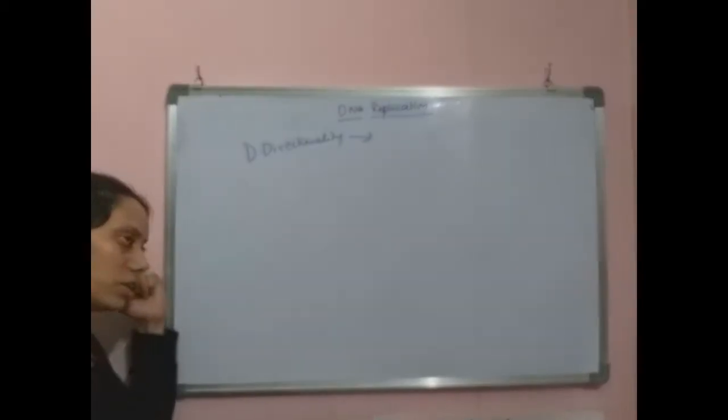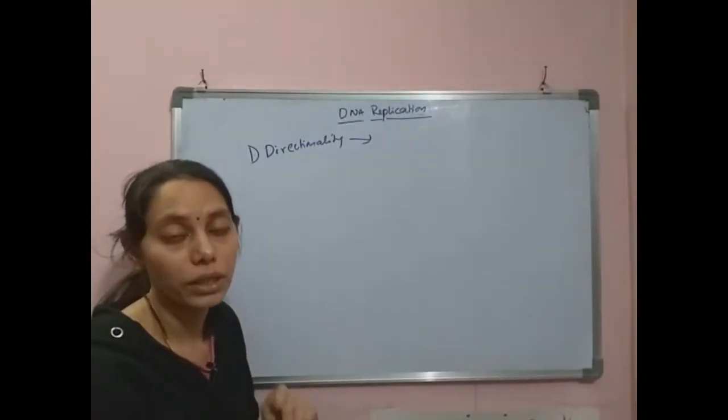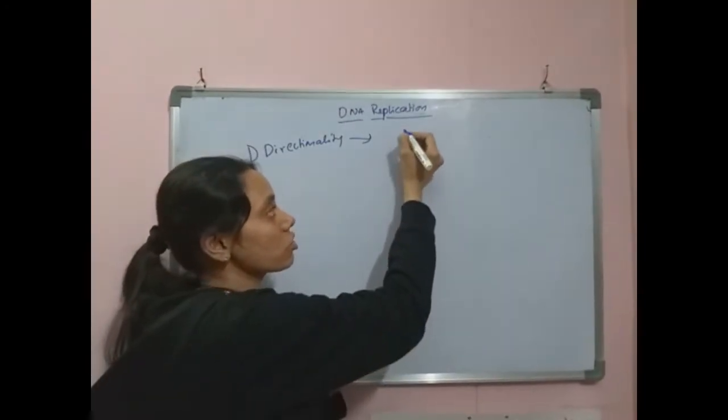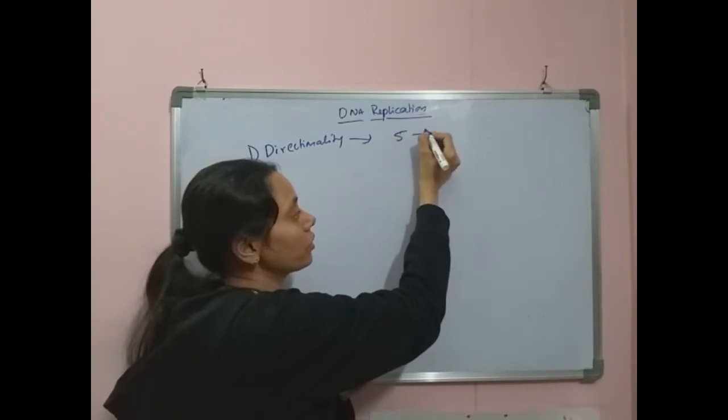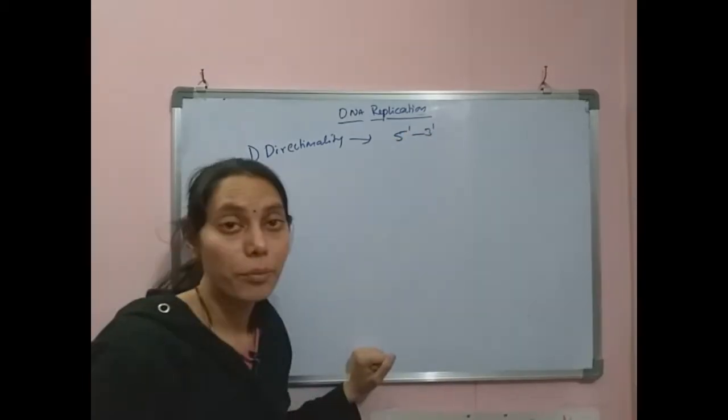If the DNA is being copied or replicated, the direction of DNA replication will be 5' to 3'.